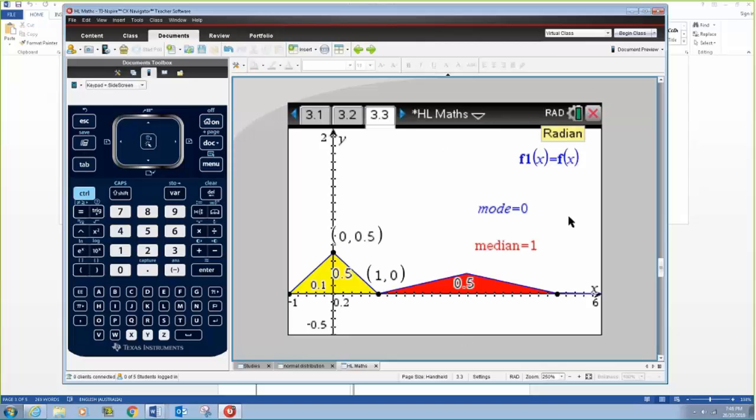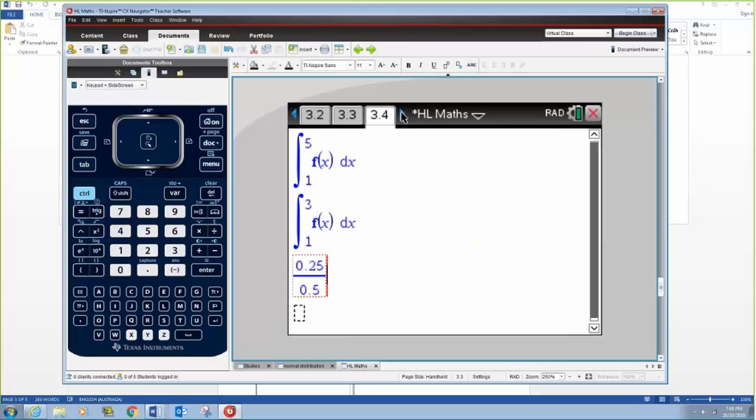Having this picture makes it very easy to determine the mode. It is 0 because we get the peak here, the highest value, and the median is also easy because 0.5 and 0.5 are the areas. So these are the advantages of using our predefined f(x), and then we could find any probabilities.